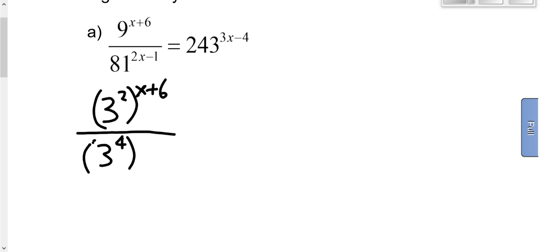And then with the exponent 2x minus 1 outside. And then on the right hand side, if you want, you can use a graphing calculator to figure that out. If you write it with a base of 3, then 243 can be written as 3 raised to the power of 5, and then with the exponent 3x minus 4.